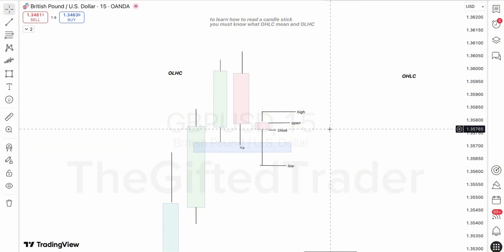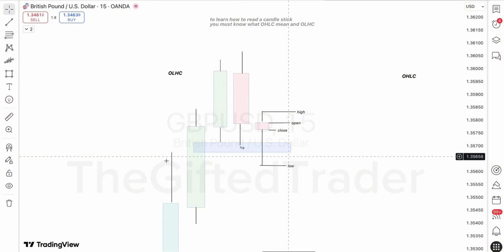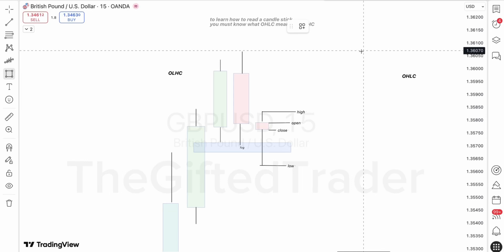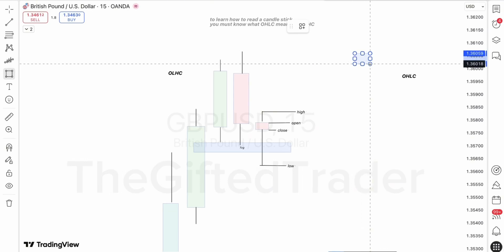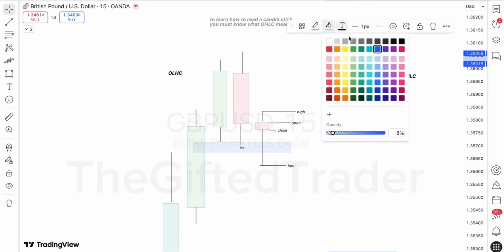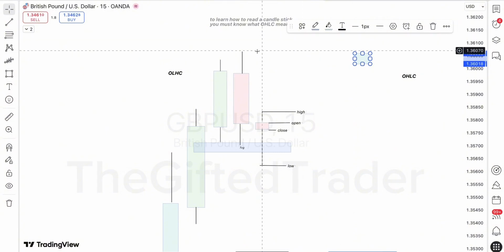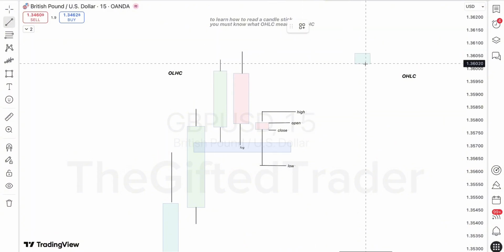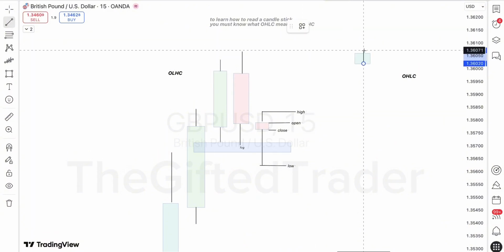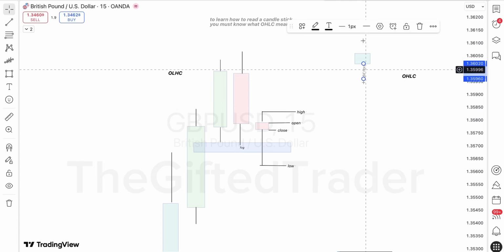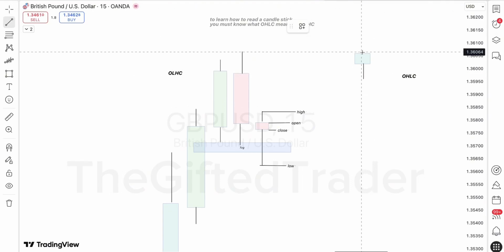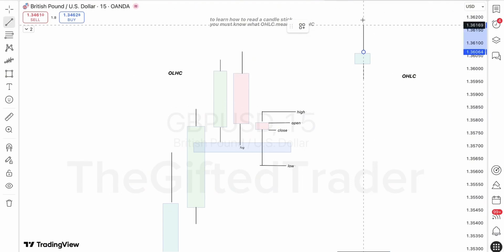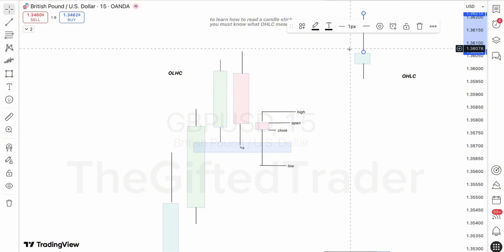This symbol you see, you can see it like this, or like this either.